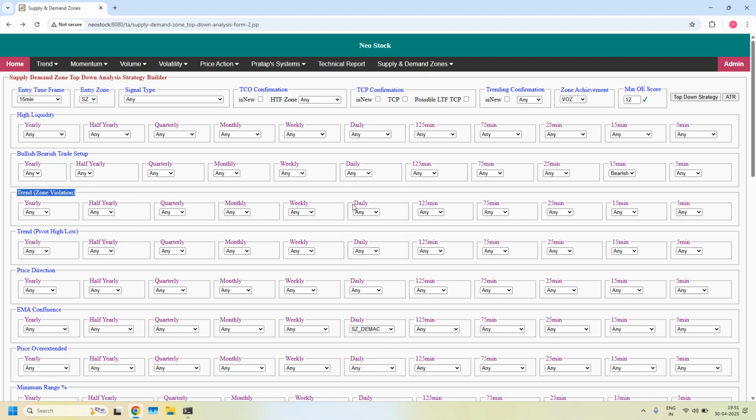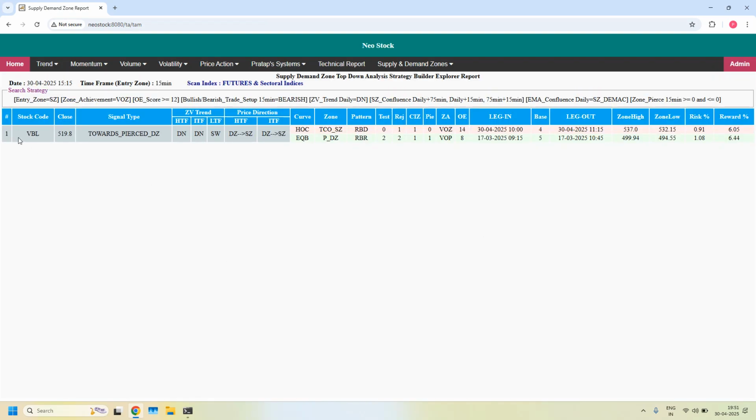At the same time, trend on the daily should not be sideways, it should be downtrend because it is bearish trade setup. So that one stock is filtered. So that means this 15-minute supply zone is having even more high probability to get success. So this is about a bearish trade setup for a daily income trade.